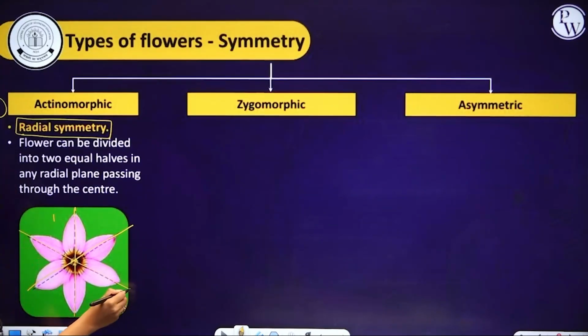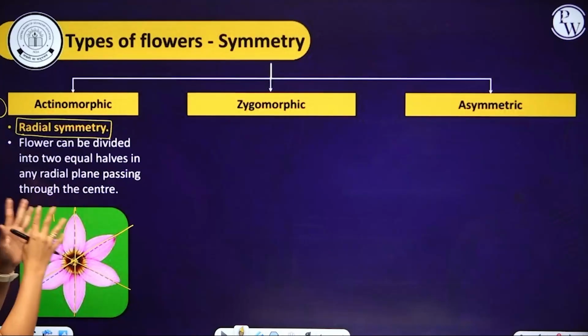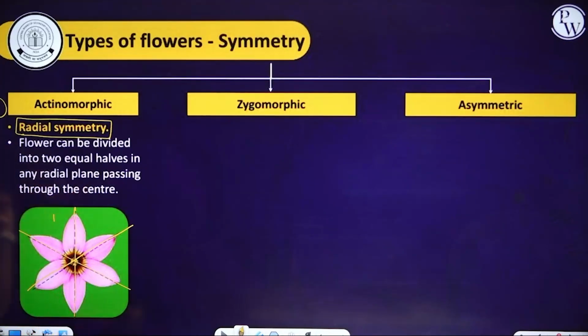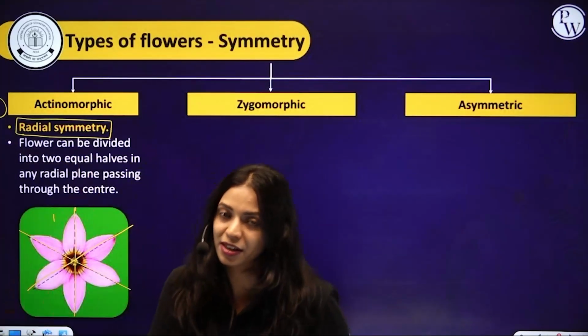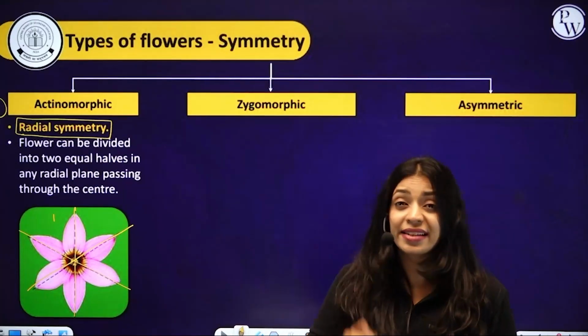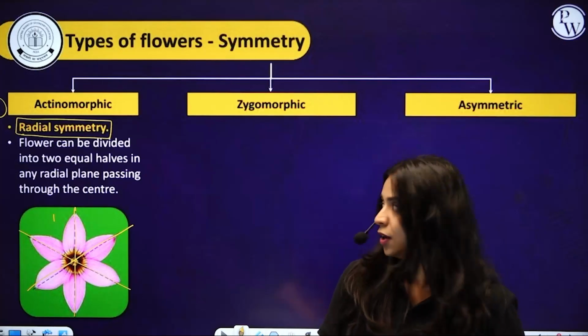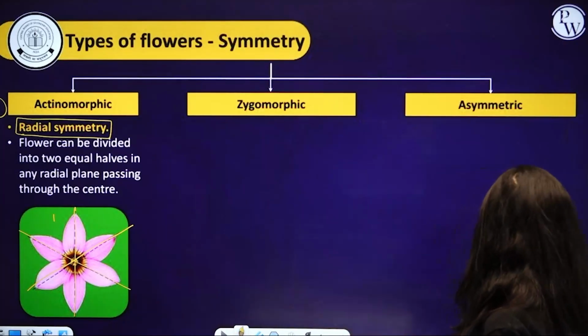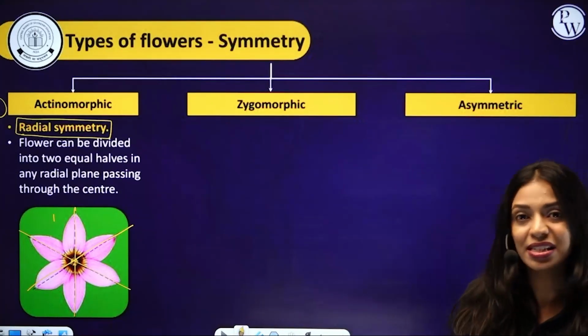If I cut it through this plane, I will still get two identical halves. So if a flower can be divided into two equal halves in any radial plane that is passing through the center, then we refer to such flowers as radially symmetrical flowers. All right. So that's about the first type of flower based on symmetry.